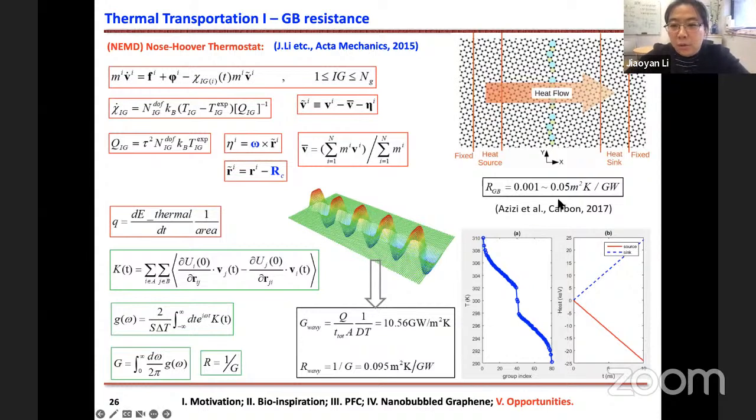According to this paper, the resistance of the grain boundary can achieve around this level, 0.05 at the maximum. With the wavy pattern design, we can increase the resistance to about 2 times that of the grain boundary. So it can be a more effective boundary to control the heat flow.